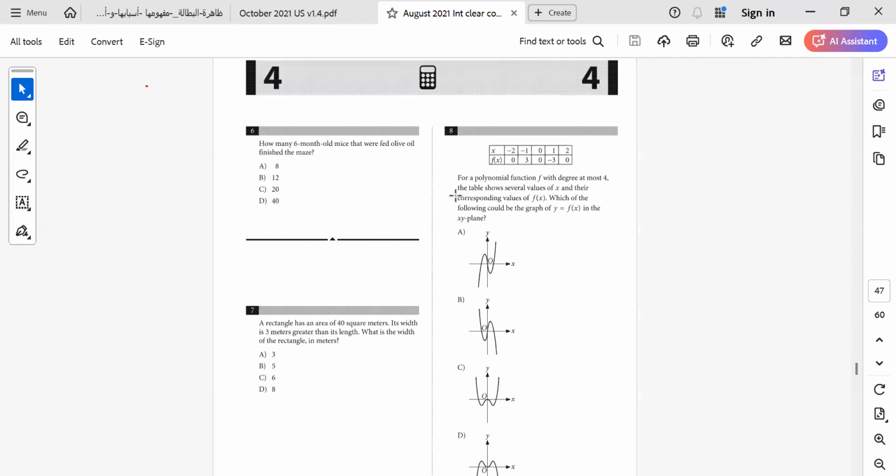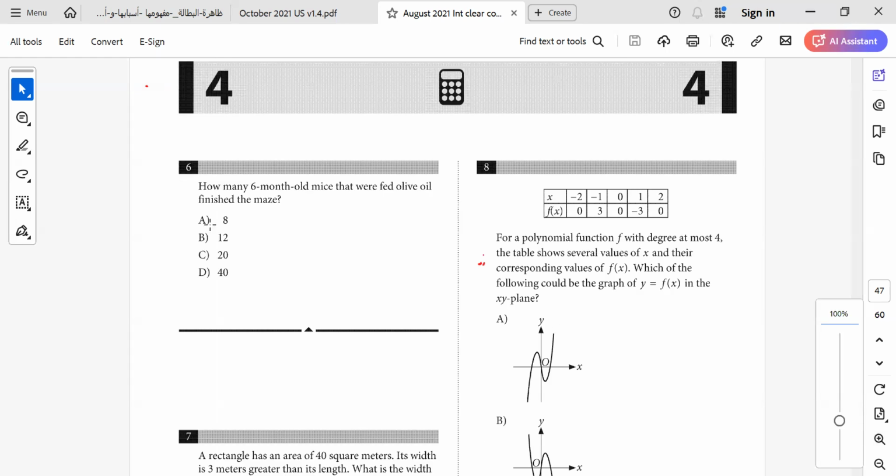Here, the coach gives me a table, so I will check which graph goes with the table. You have to check every graph, but thank God the first graph was the right one. How? Negative 2 for x, 0 for y: it can be this one.